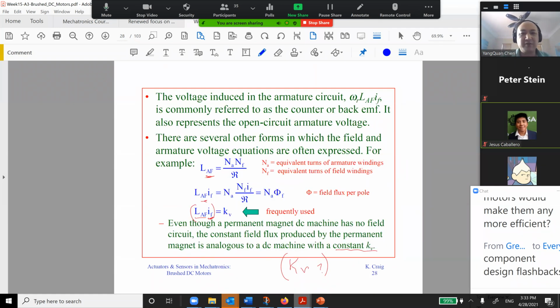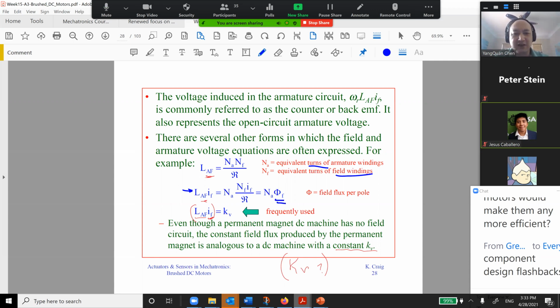This is just a computation of mutual inductance versus self-inductance, depending on how many turns of windings you put on the armature or in the field. Inductance times current will give you flux.